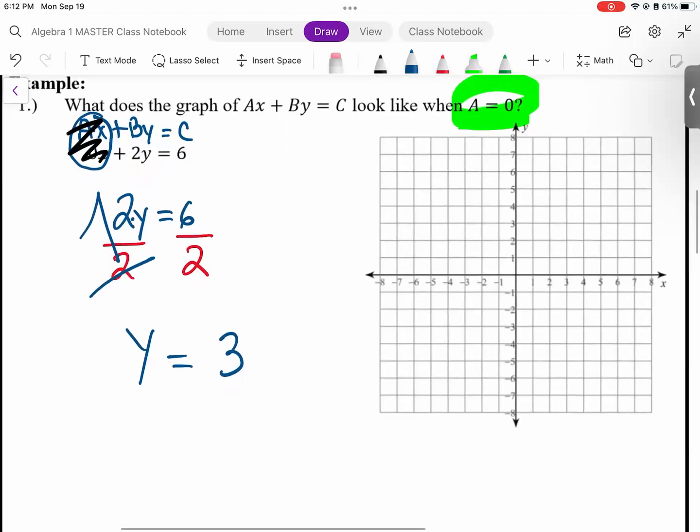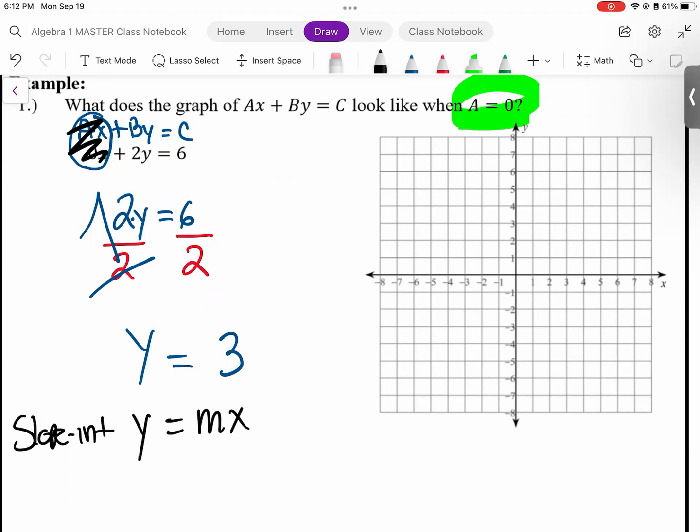So here's what I want you to look into. If you remember, we got the slope intercept form, which is y is equal to mx plus b. Now, if I move the 3 from my original equation, check this out. I'm going to go ahead and move it here.